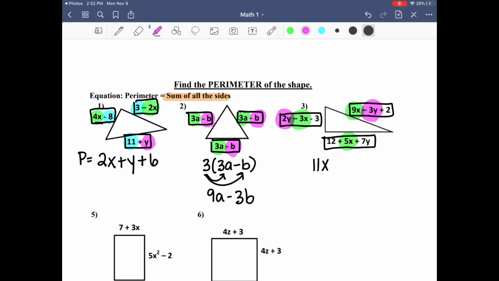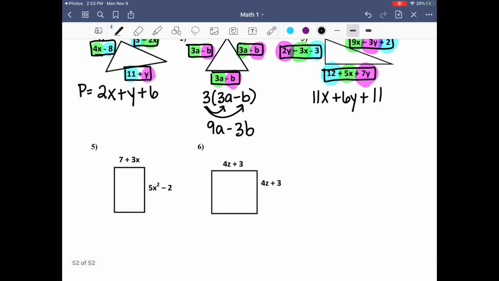Then I have 2y, negative 3y, and 7y. So 2y and 7y are going to give me 9y, minus 3y is going to give me plus 6y. Again, I'm just adding or subtracting the coefficients. And then finally I have negative 3, 2, and 12. So negative 3 plus 2 gives me negative 1, plus 12 gives me plus 11.